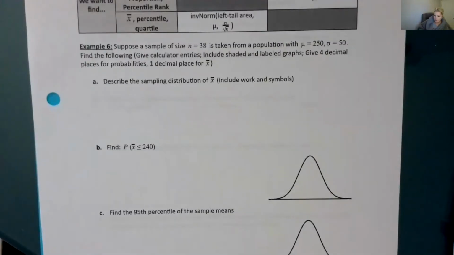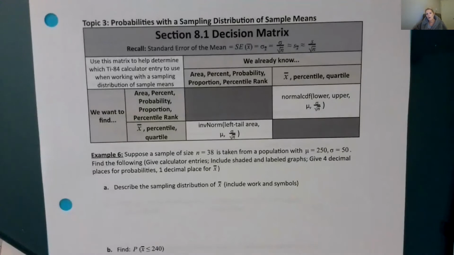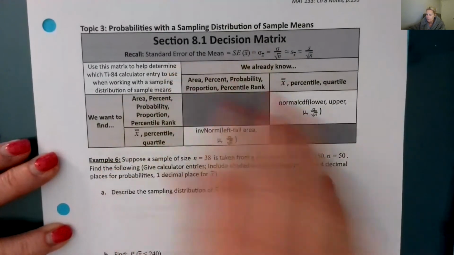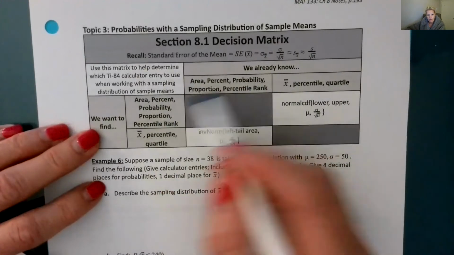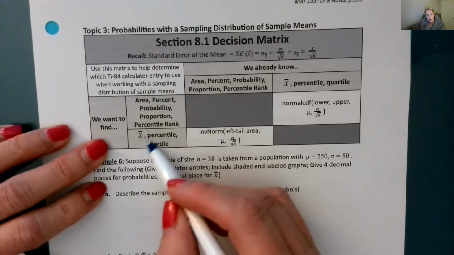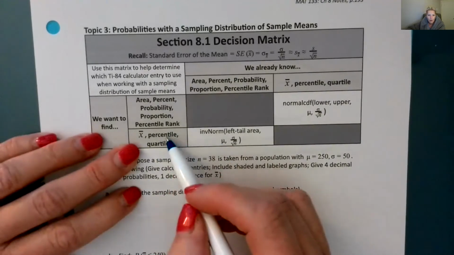So in our course pack, there is this decision matrix on what we know and what we want to find. But using StatCrunch, which we found in Chapter 7 is much easier, we don't really need the matrix as much here. But remember that if we want to find a percentile or an X bar, then we are going to go backwards.